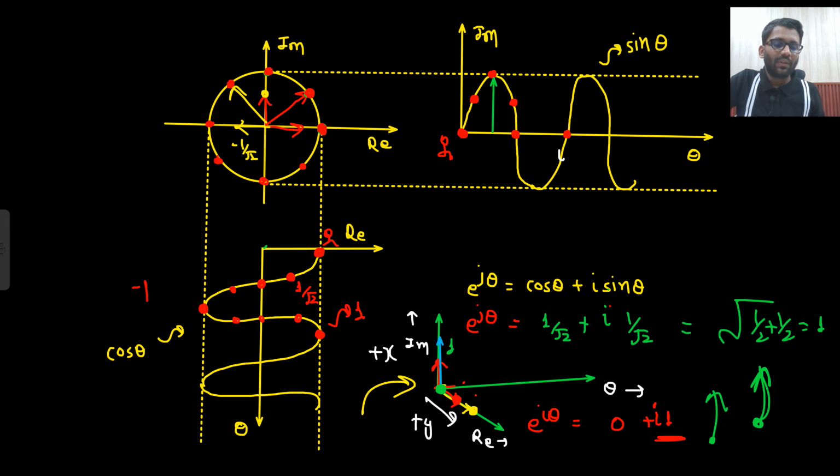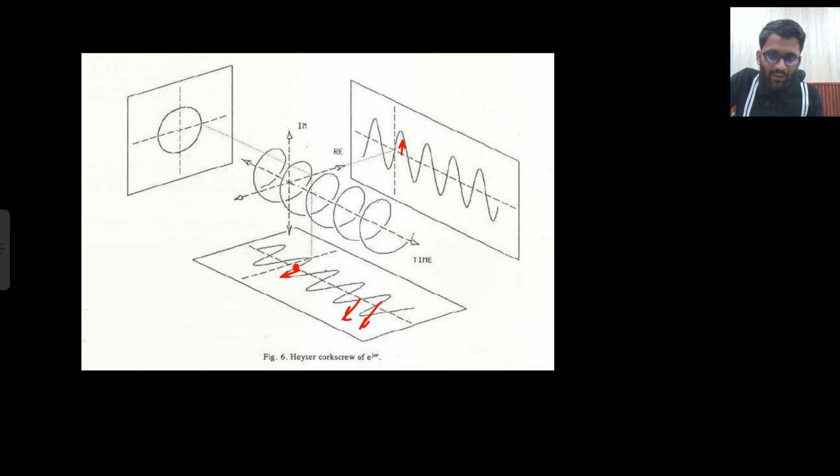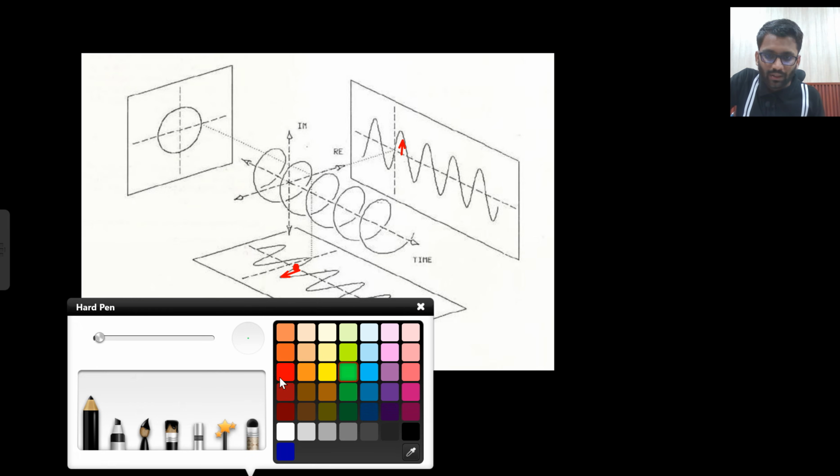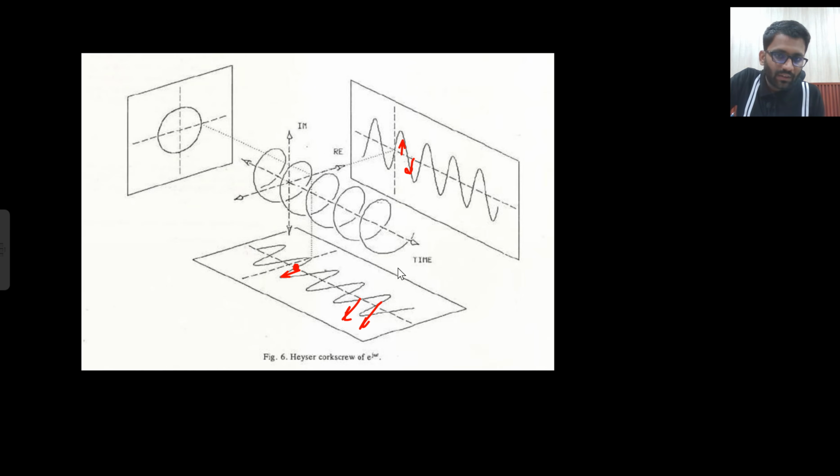What did we do when we were moving along this curve? When we were moving along this particular curve, what did I say? That I am taking my resultant on the imaginary axis. I took this resultant here. I took the projection. Do you remember this thing? Here, this was my resultant, so I took the projection by taking the equivalent of the projections.